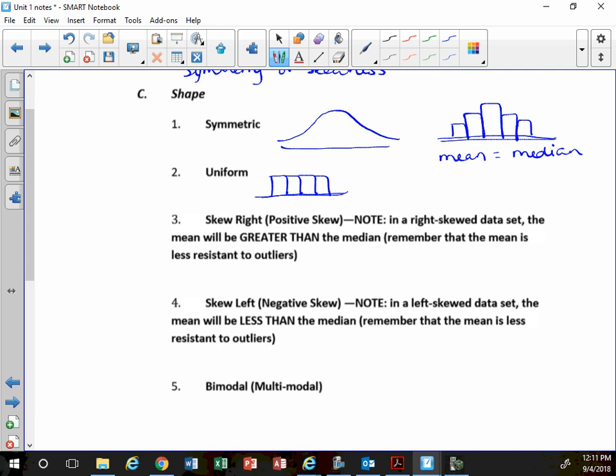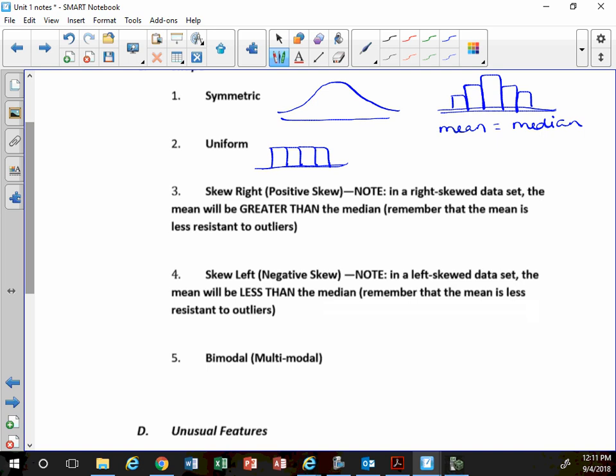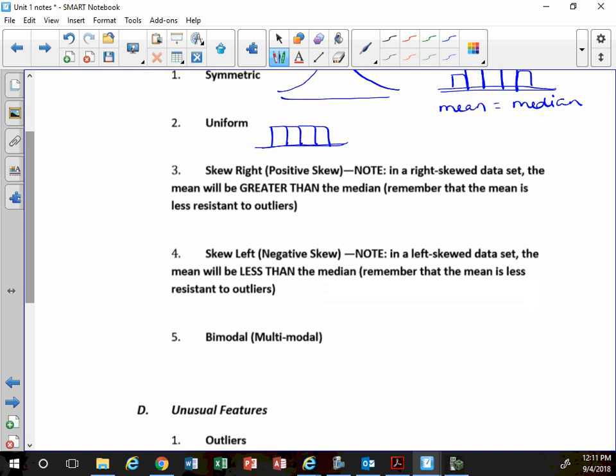And then the skewed ones. If it says skew right, that means the tail goes to the right. Tail to the right.